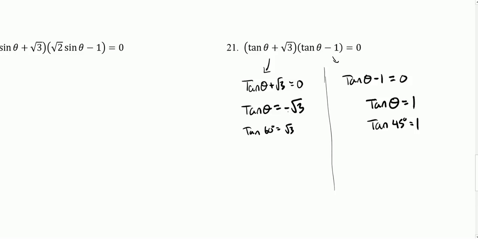But this is negative, and so we want to work in quadrants. So 60 is our reference angle, and we want to work in quadrants 2 and 4, because that's where tangent's negative. On the right hand side, 45 is our reference angle, and we want to work in quadrants 1 and 3, because that's where tangent is positive.